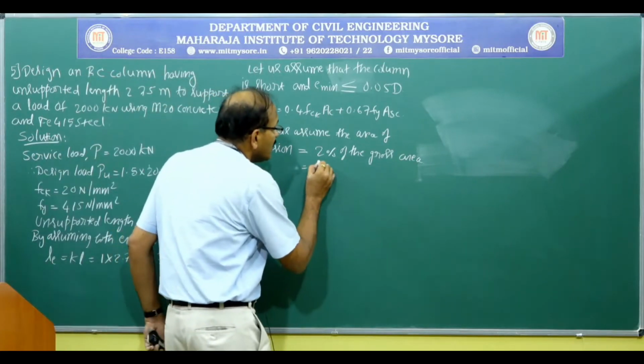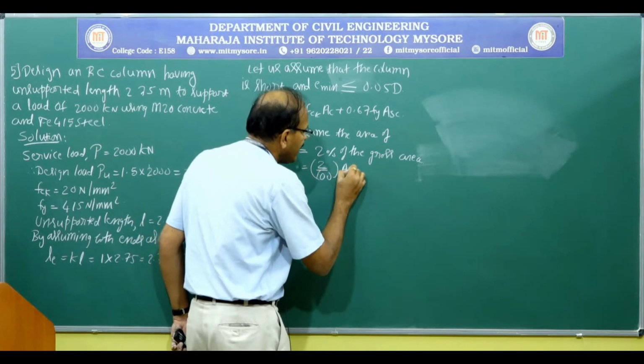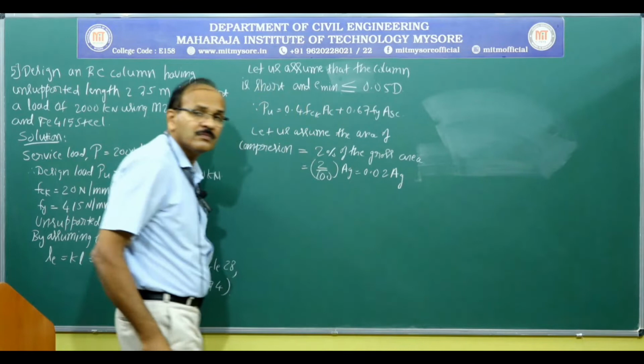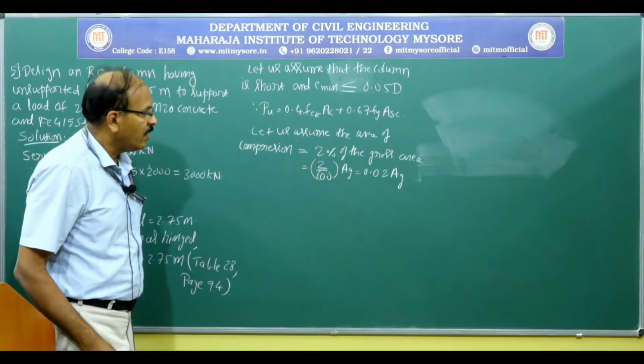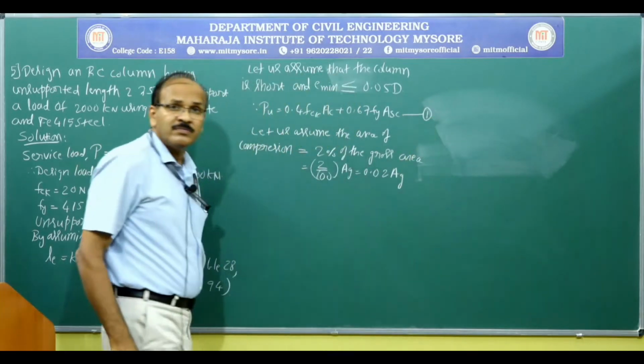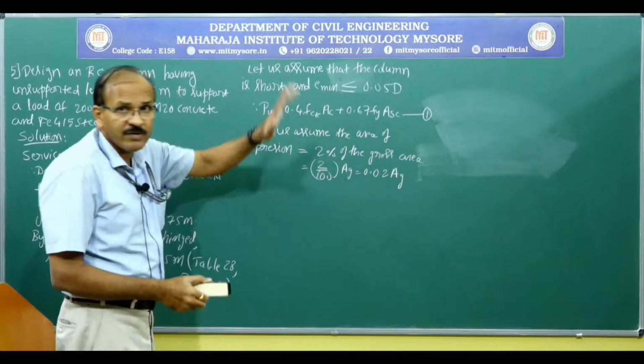That is 2 divided by 100 multiplied by Ag, that is equal to 0.02 Ag. Okay. So if I call this equation 1, I am going to substitute this value in this equation.